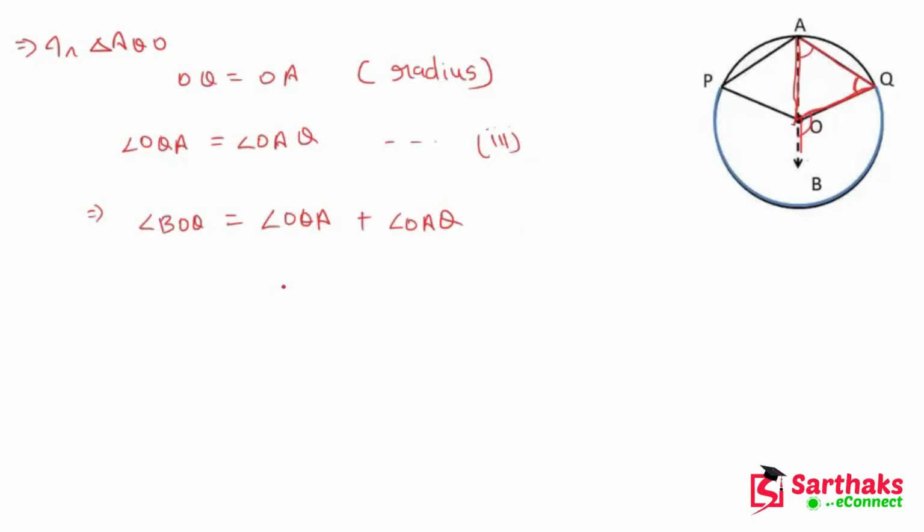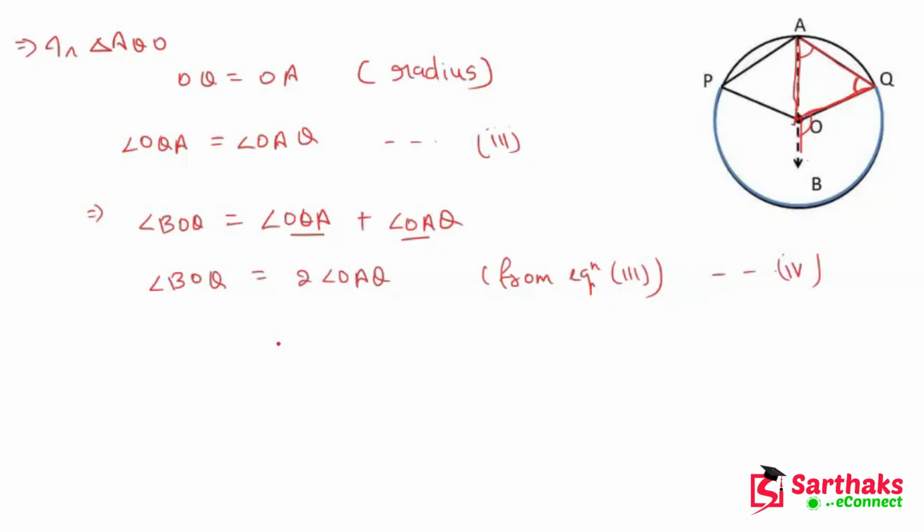So from 3 we can write that these two angles are equal, so this will become twice angle OAQ. So angle BOQ is equal to twice angle OAQ, from equation 3. Let's suppose this is equation 4.